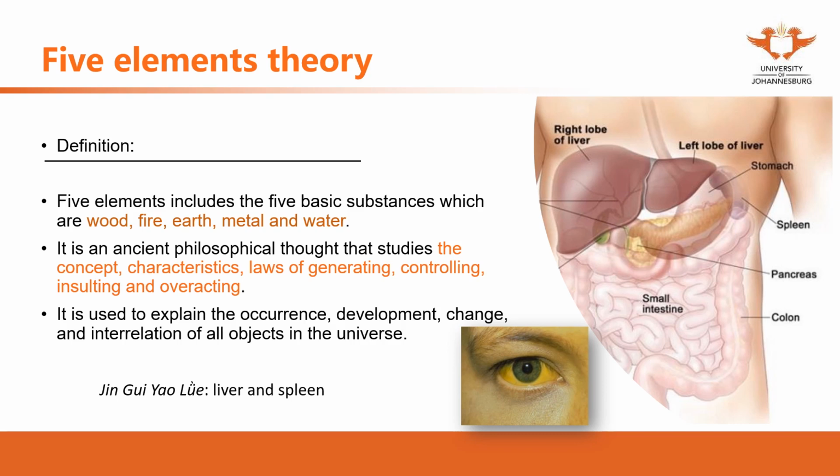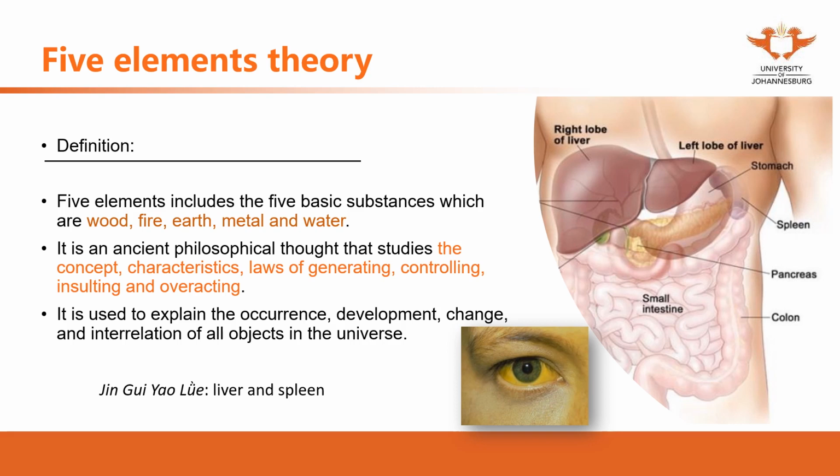It's because if you use category A, B, C, D, and E to refer to the five elements, it's more difficult to understand the interrelationship among the five elements.